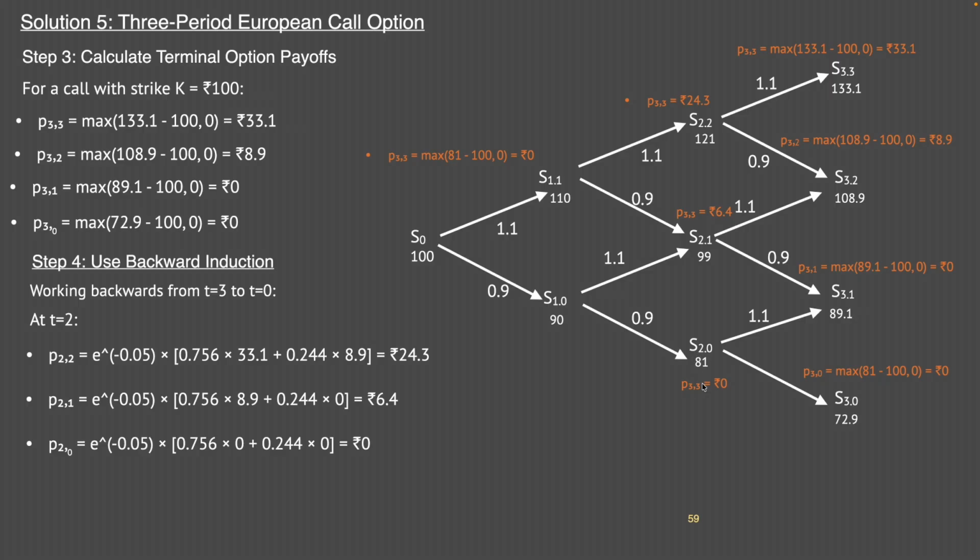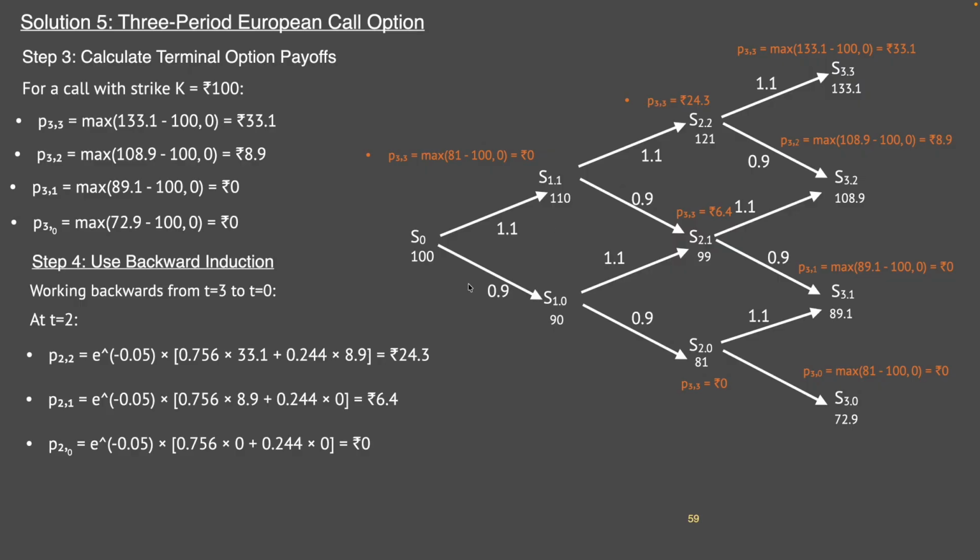Similarly, at S20, the option value P20 is equal to 0. Why is it 0? e to the power of minus 0.05 into 0.756 into 0 plus 0.244 into 0. So this is P20, this is P21 and this is P22.